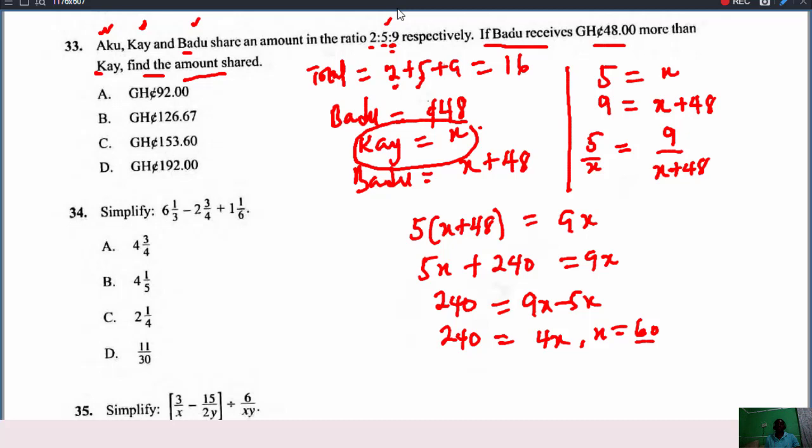So if K got 60, then Bedu will get 60 plus 48, which is 108. Good. So we can still use proportion to find the total.